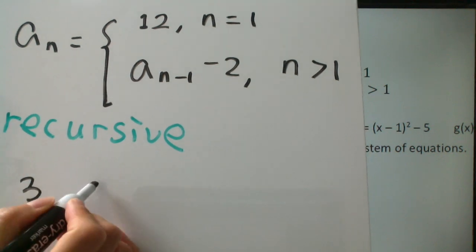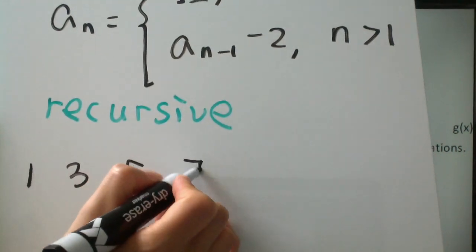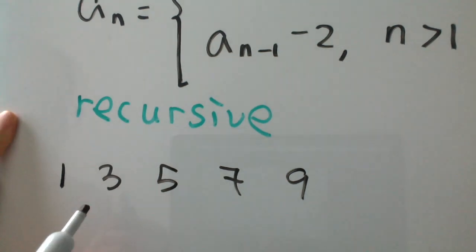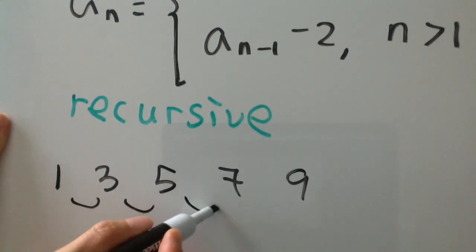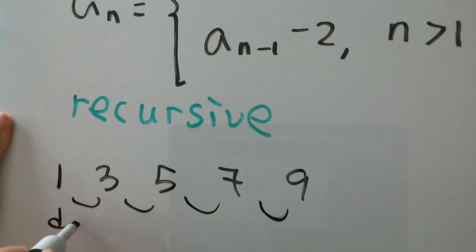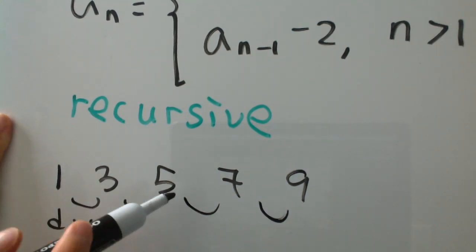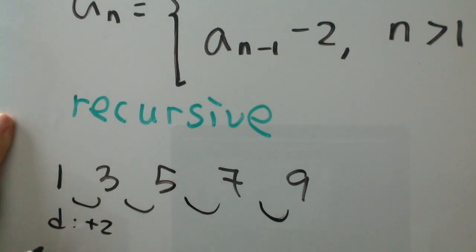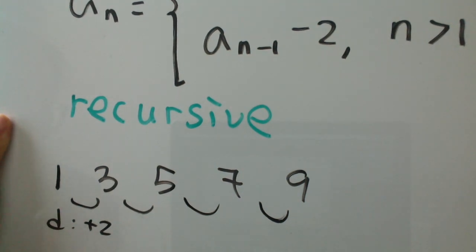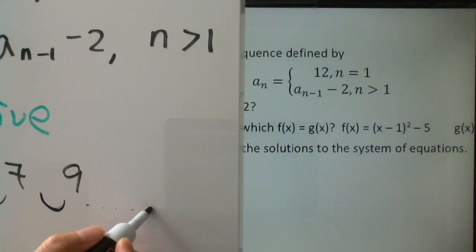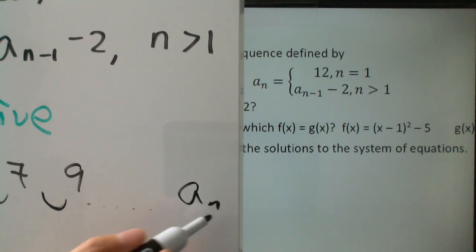1, 3, 5, 7, 9. When you have this common difference, D is +2, right? Each time I'm adding 2. So the common difference is 2. Let's say all the way down, an is the last one.